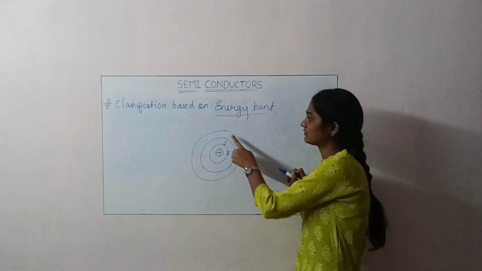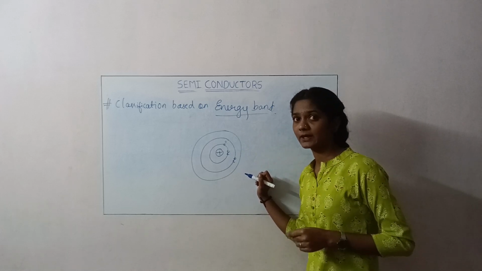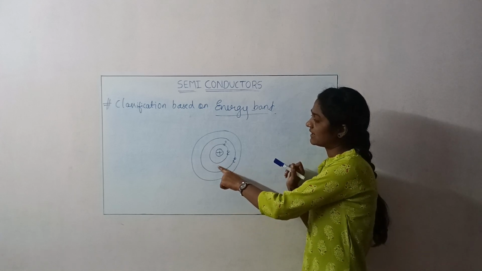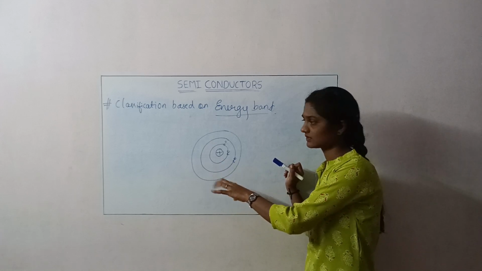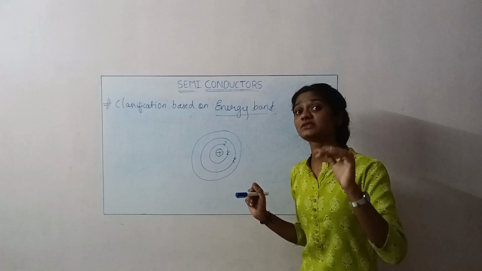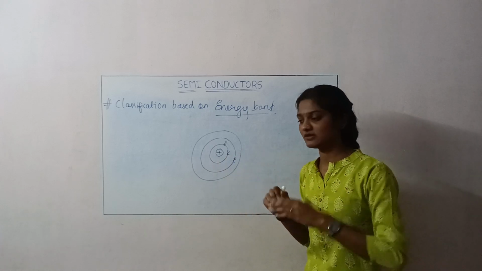See, this is the outermost shell, we call it the valence shell, right? We know that this atom has a certain energy level, and these electrons also have certain energy levels.